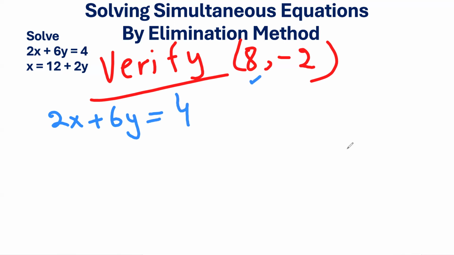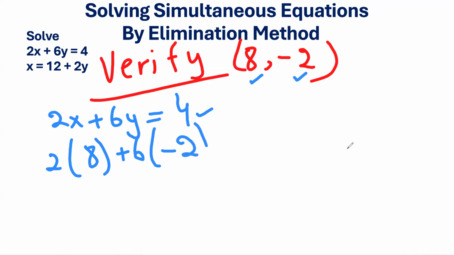Substitute 8 and -2, you should get 4. So what is the value of x which you just found? X is equal to 8 and y is -2. You should get 4, the right hand side. 2 eights are 16 minus 2 sixes are 12. 16 minus 12 will give you 4. So in this way, the equation is satisfied.